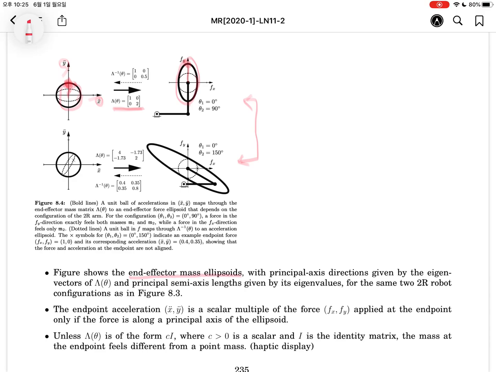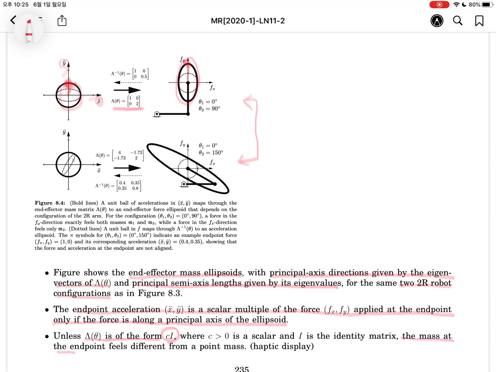The figure shows the end effector mass ellipsoid with the principal axis directions given by the eigenvectors of lambda and the principal semi-axis lengths given by each eigenvalue, for the same two kinds of 2R robot configurations. The endpoint accelerations are a scalar multiple of the forces applied at the endpoint only if the force is along a principal axis of the ellipsoid, unless lambda is of the form c times the identity matrix.